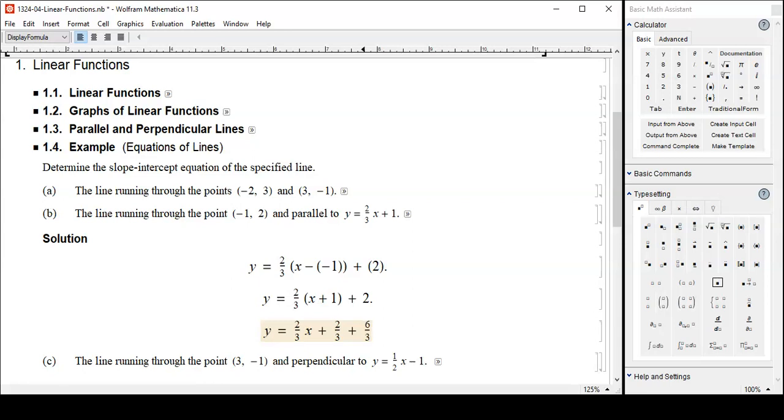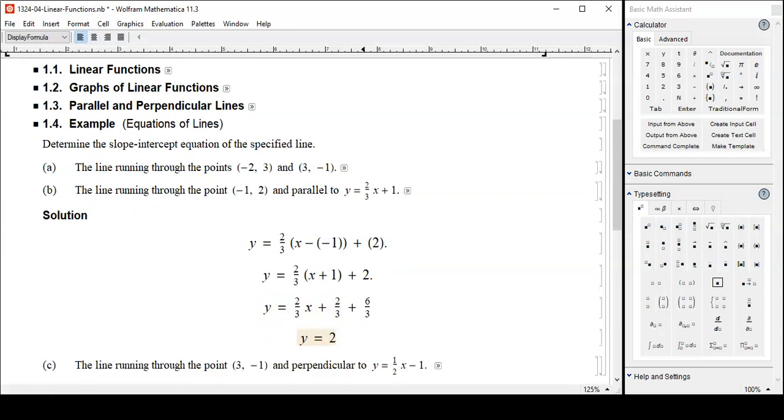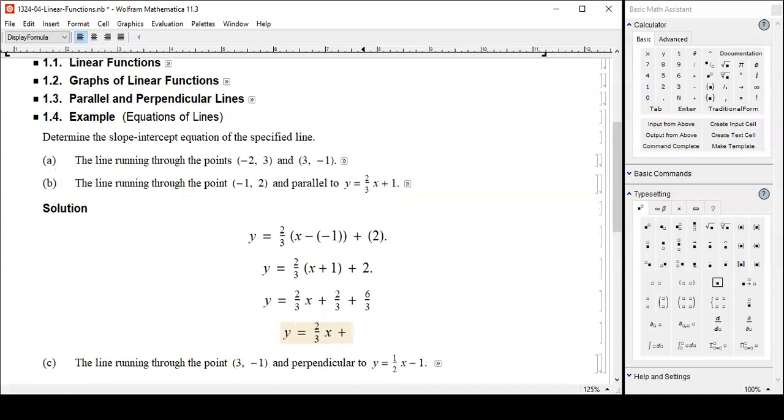So put those together, I'm going to get 8/3. Looks like that's the answer. And this is my solution.